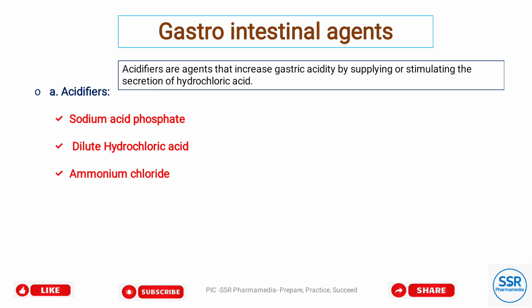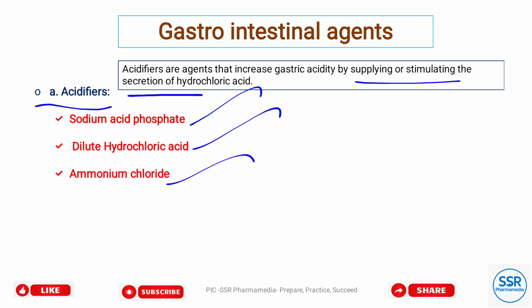First we will discuss the acidifiers. Acidifiers are agents that increase gastric acidity by supplying or stimulating the secretion of hydrochloric acid. Examples are sodium acid phosphate, dilute hydrochloric acid, and ammonium chloride.